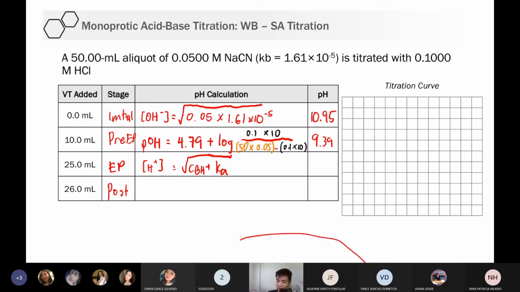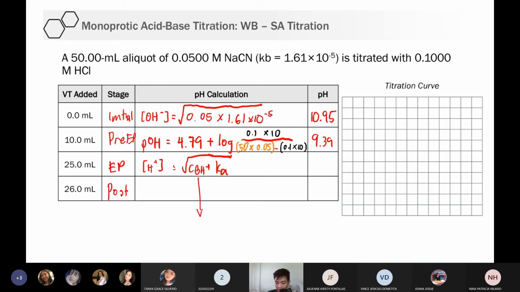Okay, so yan yung ating equation. Yung concentration ng conjugate base, conjugate acid, sorry. Yung concentration ng conjugate acid, saan galing yan? Sa analyte lahat, no? We assume at equivalence point, all the analytes have been converted to the products.